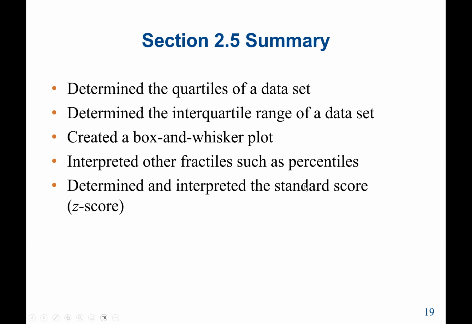Decile means we divide into 10. Percentile means we divide into 100. Quartile means we divide into 4. Then we also learned how to find the Z-score, which is always the value minus the mean divided by the standard deviation. A higher Z-score means the value is way greater than the average of the values.